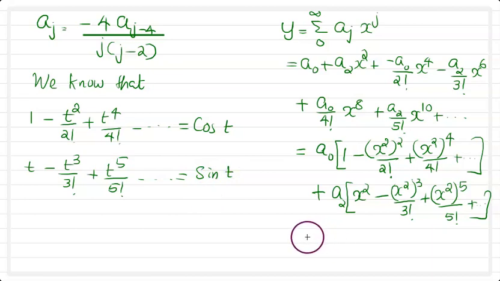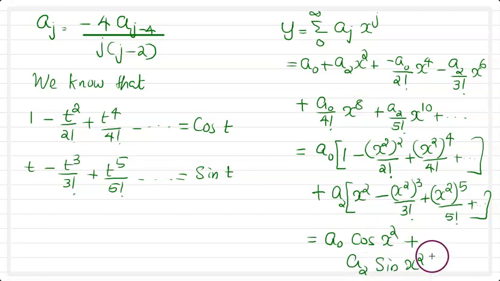Hence, we can express our solution as a0 into cos x square. Here, instead of t, we have x square plus a2 into sin x square.